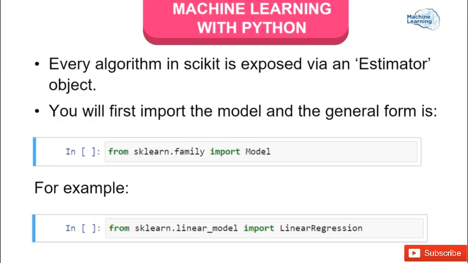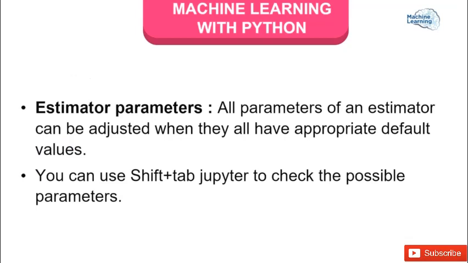The next step is to instantiate this model or estimator. All parameters of an estimator can be adjusted, and they all have appropriate default values. We will explore these parameters using Shift-Tab in Jupyter Notebook to check all possible parameters.